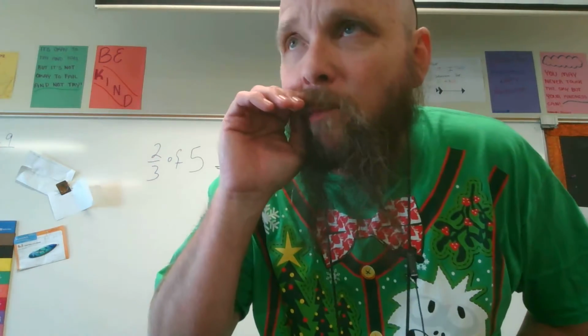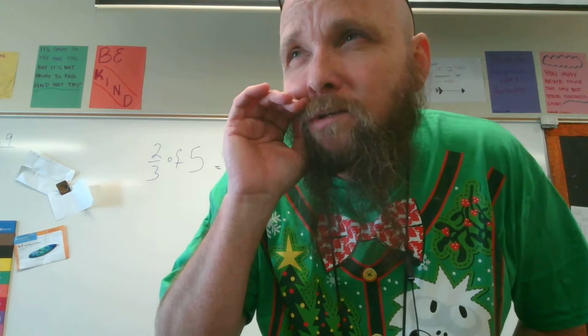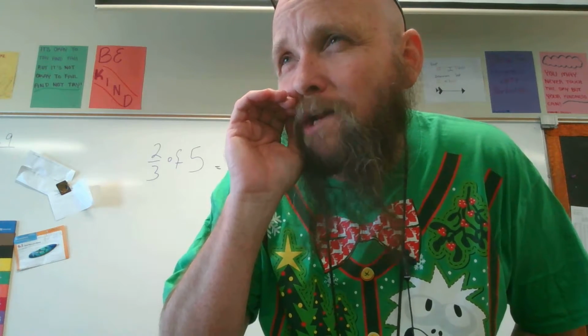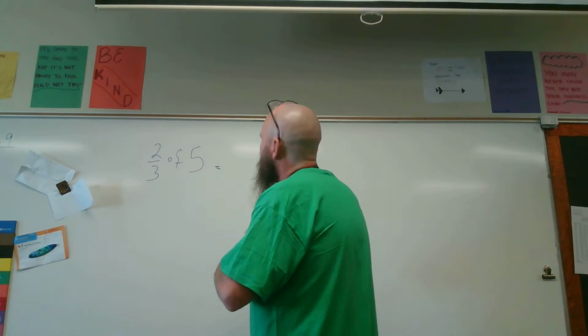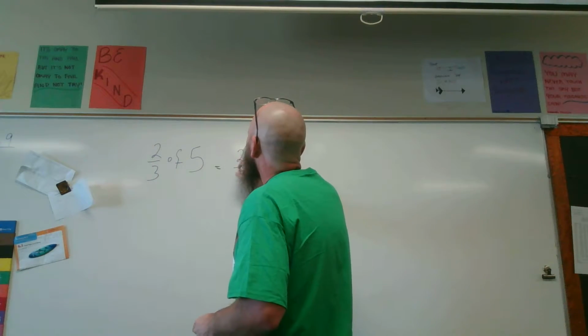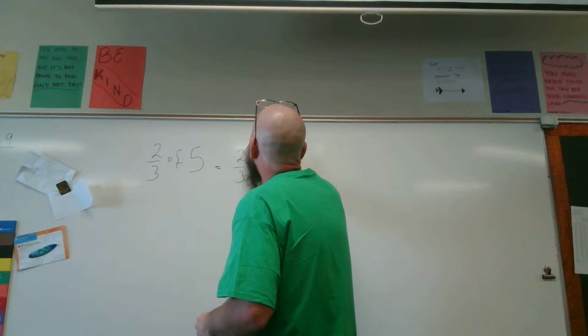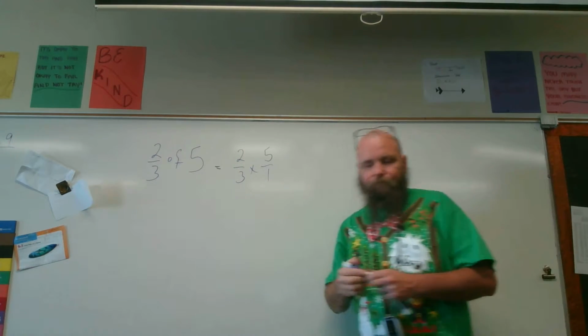Here's a hint, Jake. We did this exact problem about 3 minutes ago. What did we say when we're trying to change a whole number into a fraction without changing the value? Good! 5/1. So now I have 2/3 times 5/1.